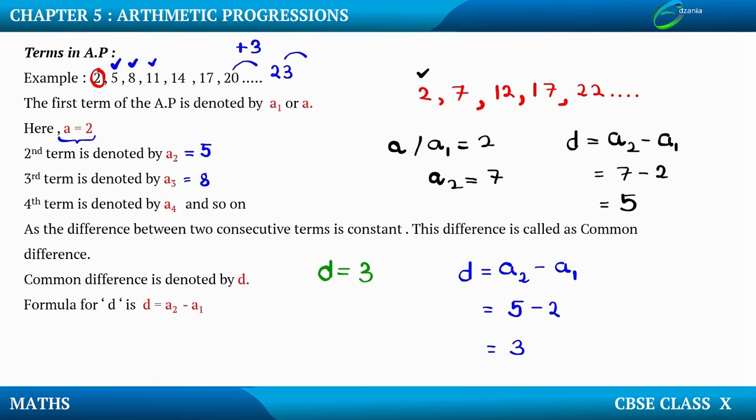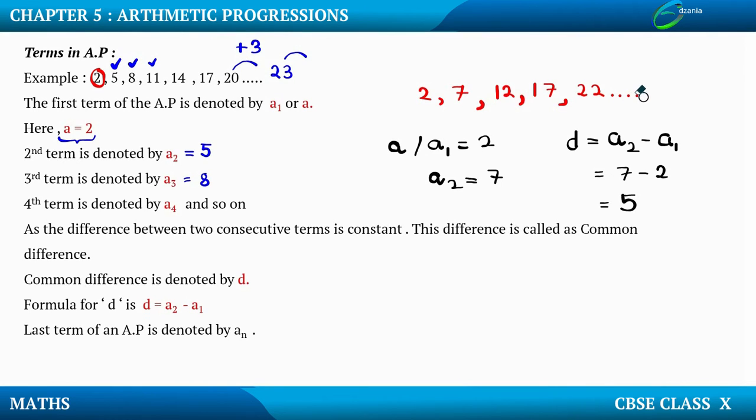Now one more thing we are supposed to remember. The last term of an AP is denoted by AN. Let me erase these dots here. When I erase these dots, I get what is called a finite AP. What is the difference between this example, 2, 5, 8, 11, 14, 17, 20 and so on, and this one? The first is an infinite AP, where we never get a last term because the number of terms is uncountable.